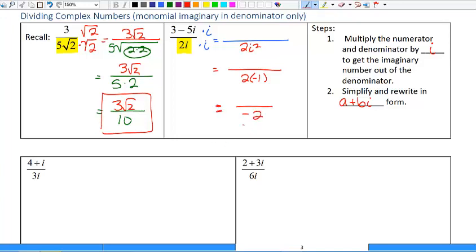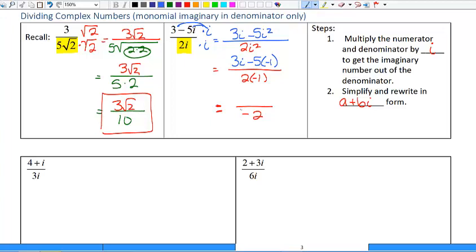So I have successfully got the denominator to not have any i's in it. Now I'm going to go back and apply this to the numerator. That gets me 3i minus 5i squared. The i squared in the numerator can be changed to a negative 1. Negative 5 times negative 1 is positive 5.